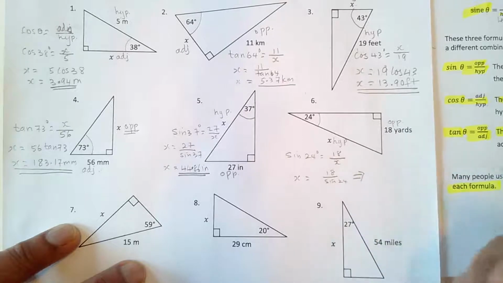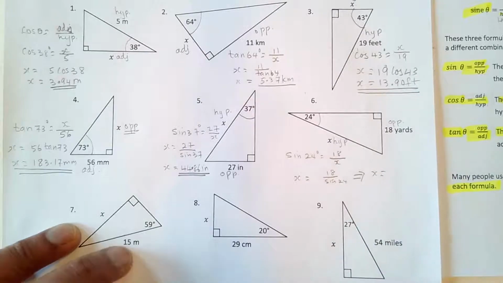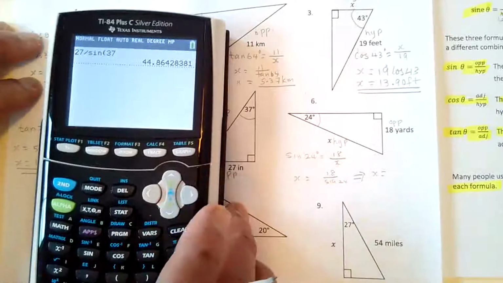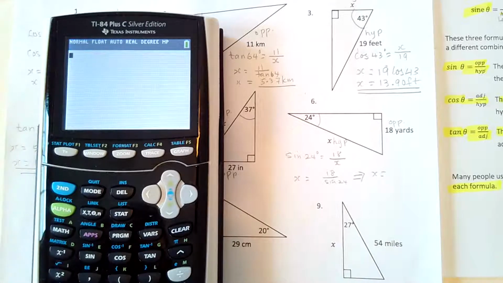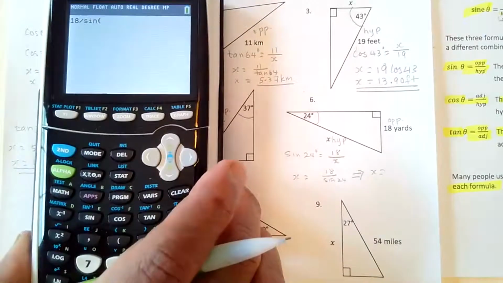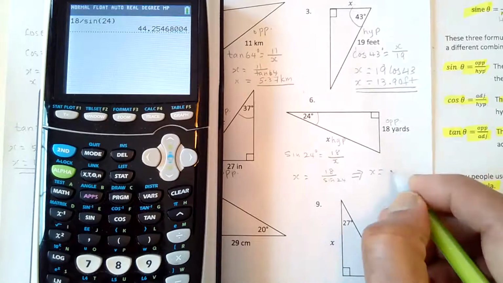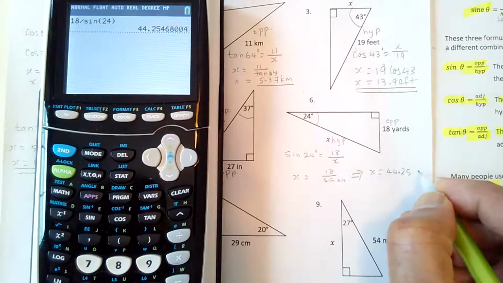Going to my calculator again, clear, 18 divided by sine 24 gives me 44.25. This here is yards.